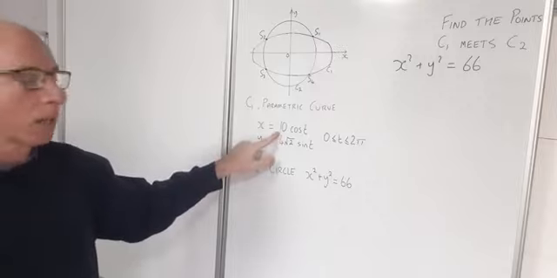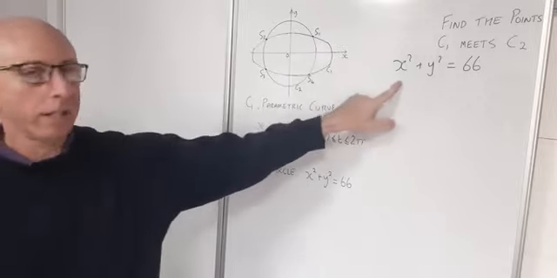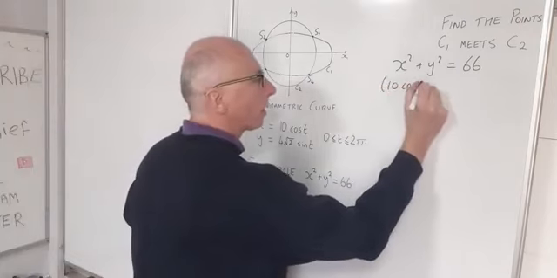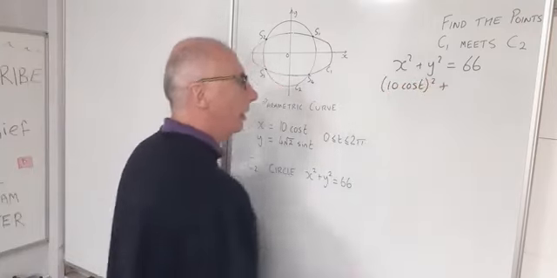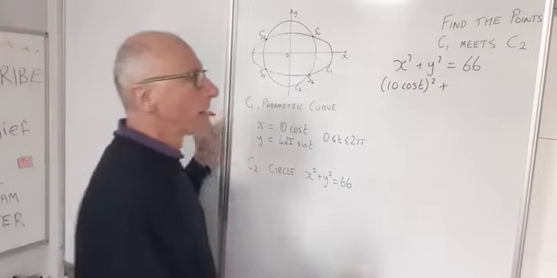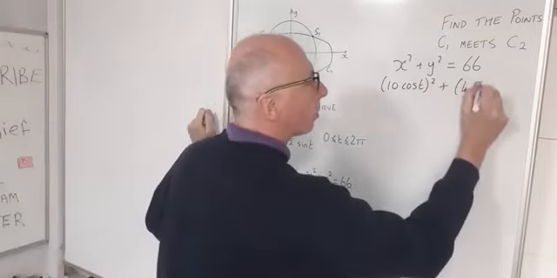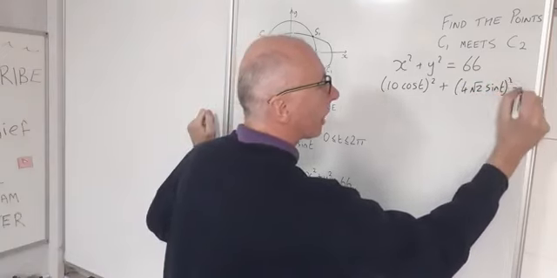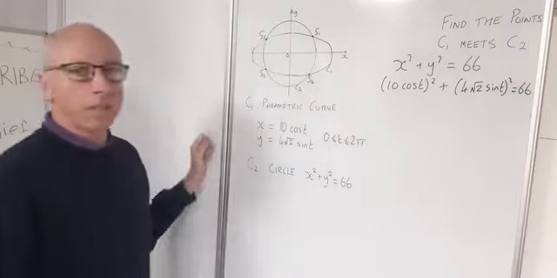So for my x, I could put (10 cosine t) squared, and then for y, (4 root 2 sine t) squared, and that equals 66.